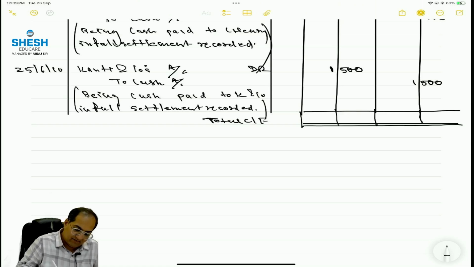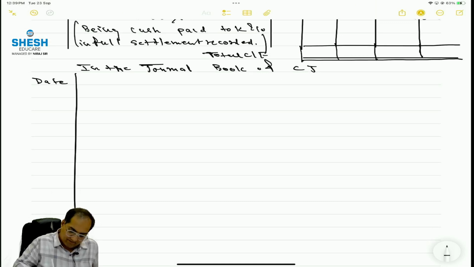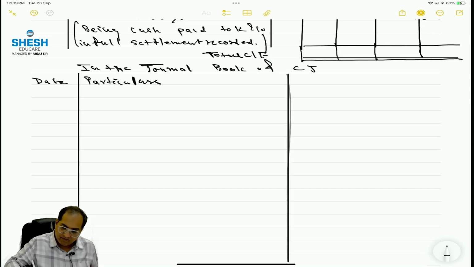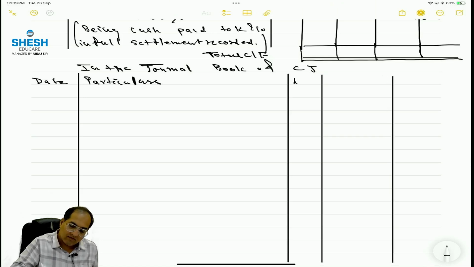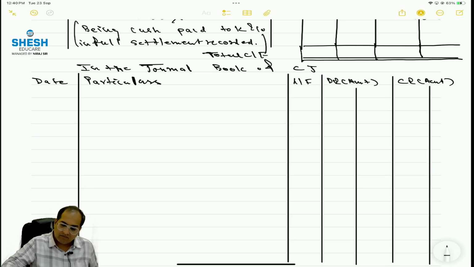So सबसे पहले in the journal book, I will write date, particulars, LF, debit amount, credit amount. ठीक है?